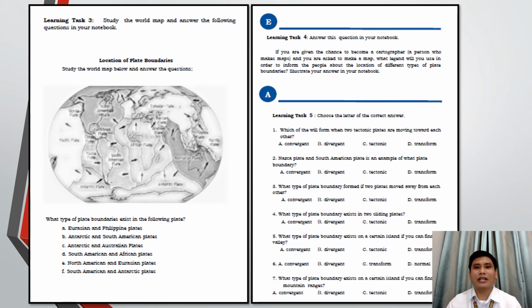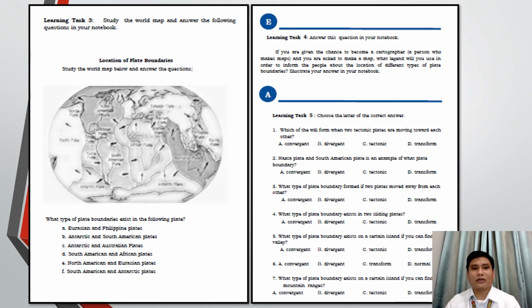So for learning task number 4, you may write an essay, and you can also draw an example of a map wherein you will try to use figures that will represent the different types of plate boundaries.